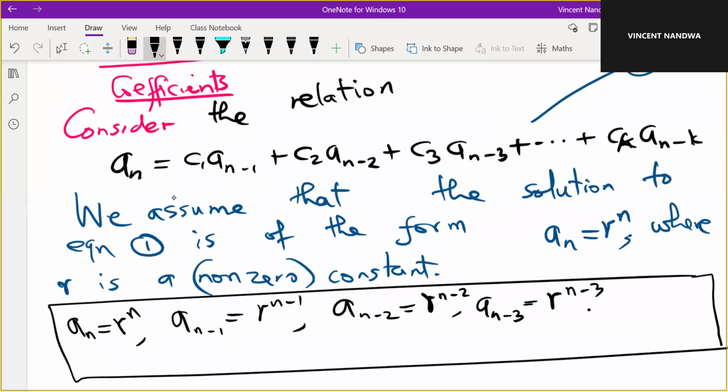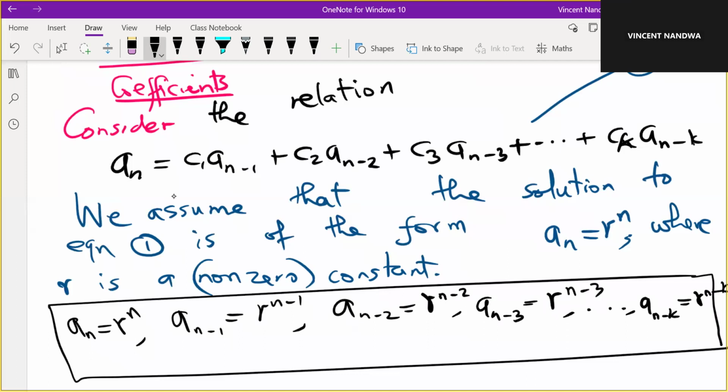N minus 3, correct. So this follows up to when we have a sub n minus k, the solution will be? Correct, r power n minus k, good.